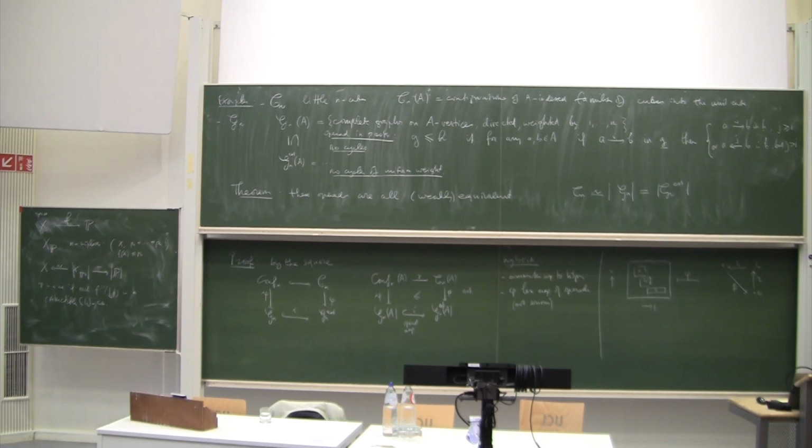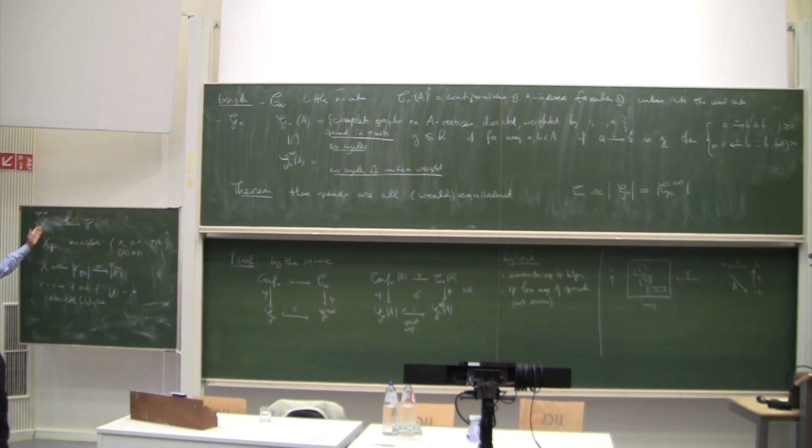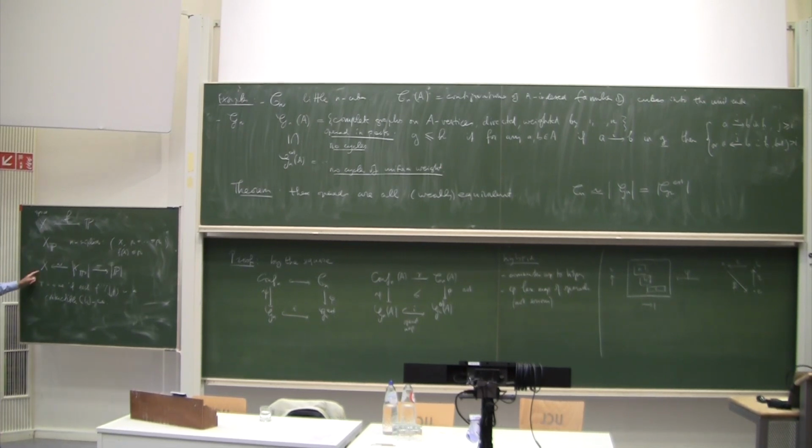So this is how you can detect that a map from X to P is, quote unquote, a weak equivalence from X to the realization of P. So that's what I mean.